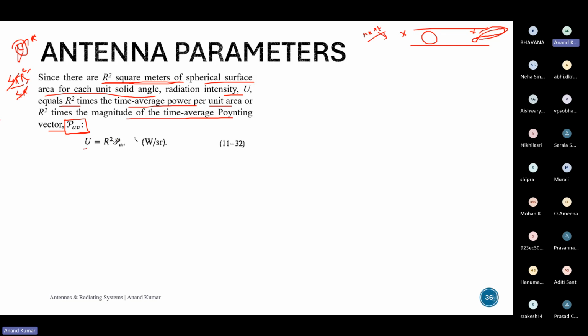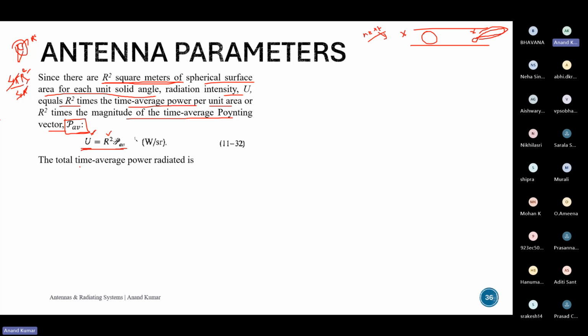And your radiation intensity is given by U, a very unusual notation. But remember, if you see U, it is radiation intensity, and your Poynting vector gives you the time average power. So the time average power times the solid angle gives you the radiation intensity. Okay, so this is the expression for the radiation intensity.